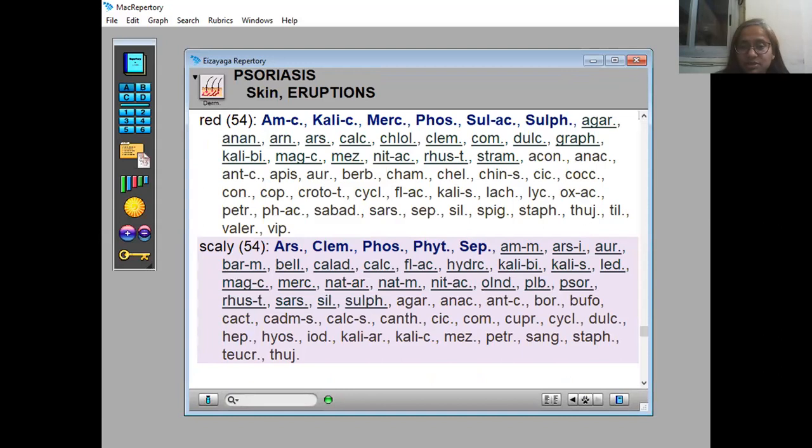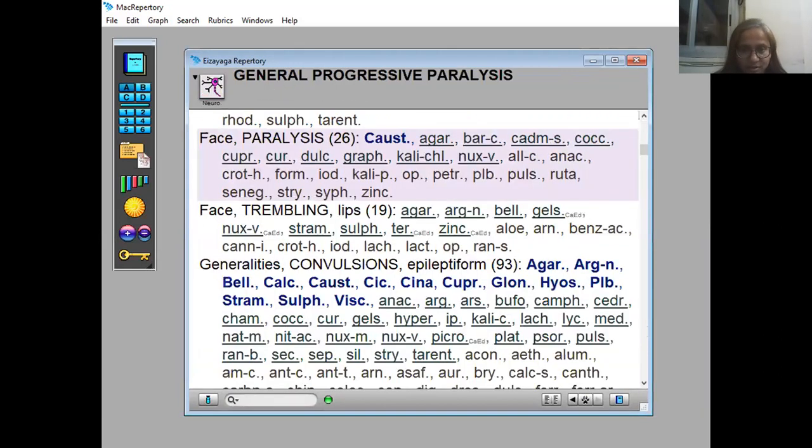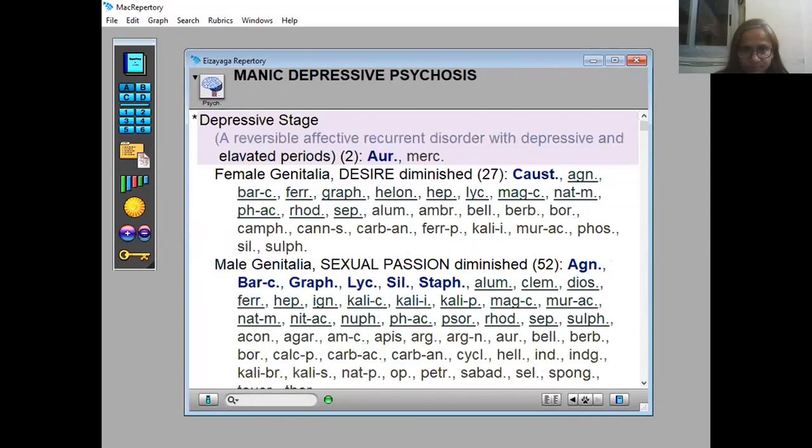Psoriasis, skin eruptions, scaly. There are 54 remedies. Then in the neuro chapter, okay, neurology, general progressive paralysis, face paralysis. I have used this repertory in Bell's palsy, in clinical conditions where you don't have many symptoms. These types of repertories are very very helpful.